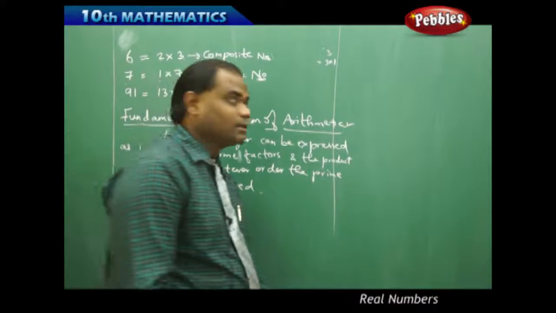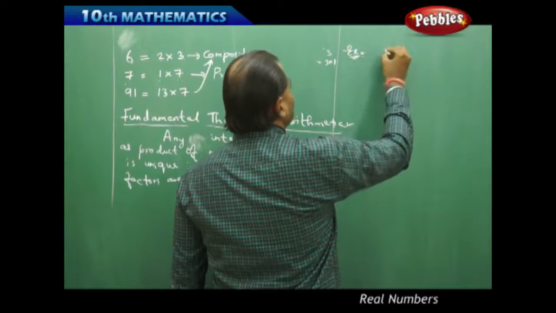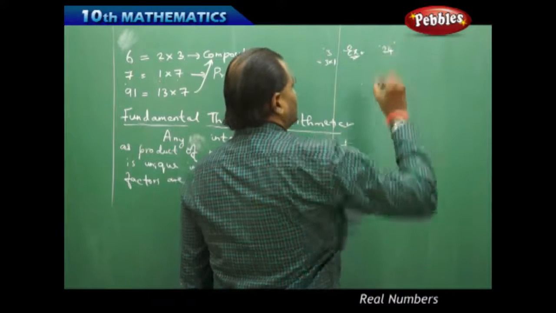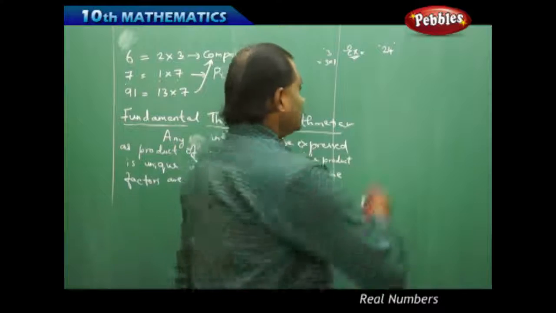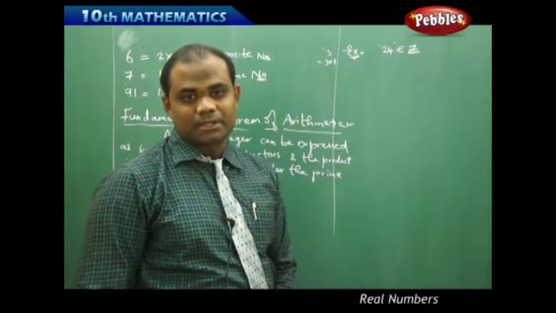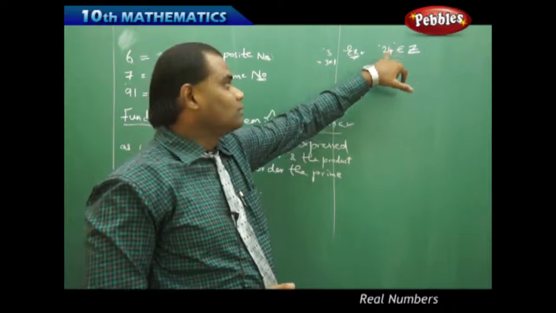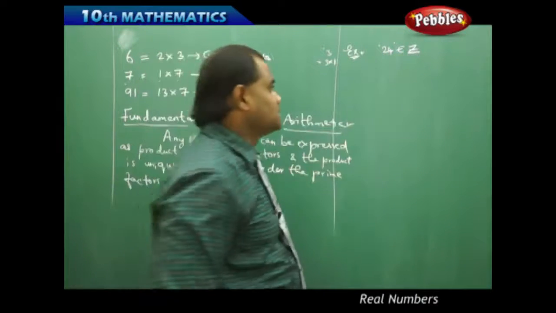So to start with, let me take an example. 24. As I know that 24 is clearly an integer, I see that this can be expressed as a product of different factors. So let's try to find all the possible factors using the LCM method.